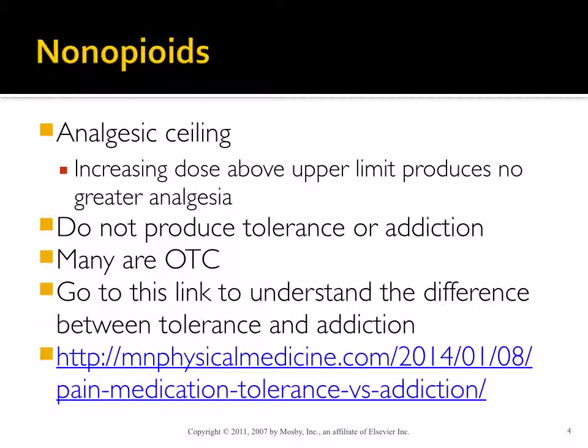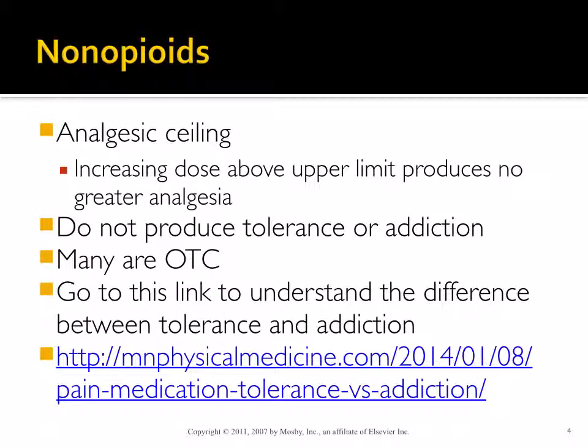So, no matter how much ibuprofen or Tylenol you're taking, it will have no therapeutic effect after a certain point. That's called the ceiling, the ceiling of maximum effect on the body of this analgesic medication. If you go above that, it will have no more real effect on controlling the pain. So analgesic ceiling means increasing the dose above the upper limit produces no greater analgesia or pain control.